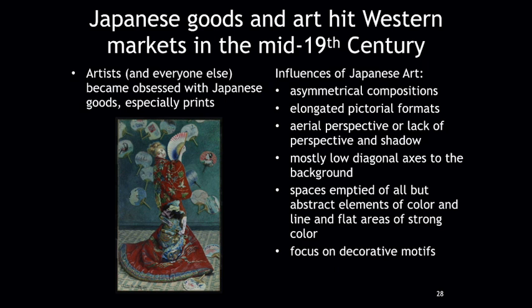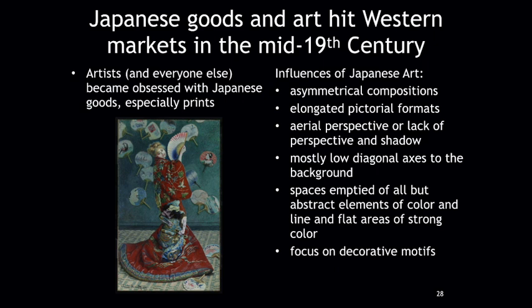There's different perspective, which we saw in Degas and Cassatt, with that sort of aerial perspective or kind of looking down. There might be even a lack of perspective, like this doesn't make any sense when you think about one-point perspective or any other kind of perspective. Sometimes there's a lack of shadow. Sometimes there's a lack of modeling, which means shadows on the face to show the roundness of it.